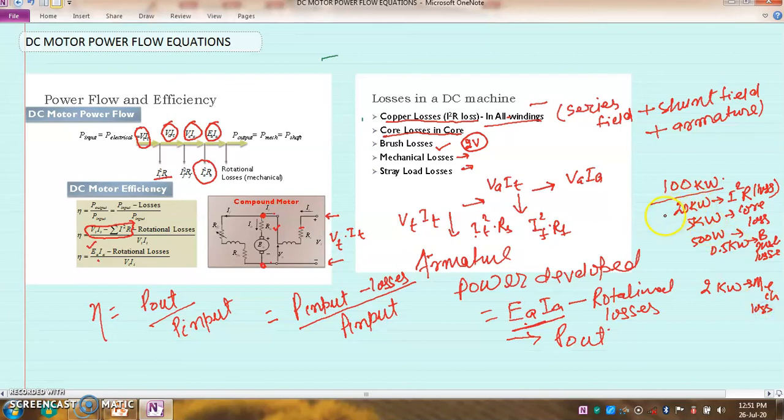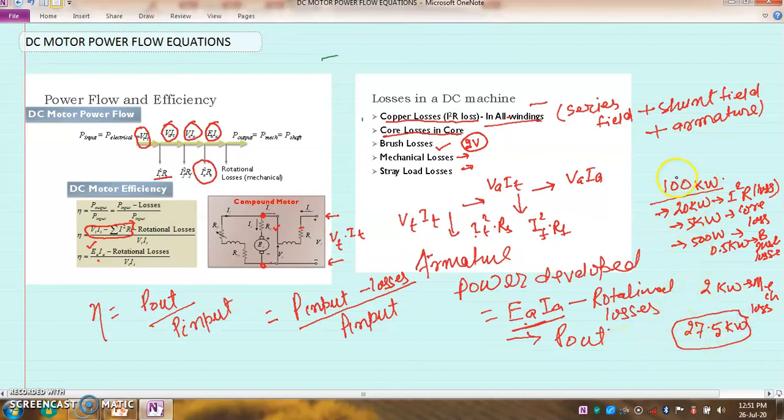So how much are the total losses? 20 plus 5, 25, plus half, 25.5 kilowatt, plus 2 kilowatt, so 27.5 kilowatt is the total loss here. So how much output should come?